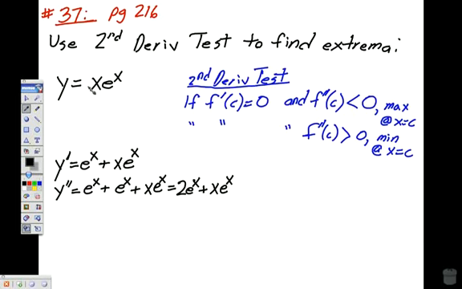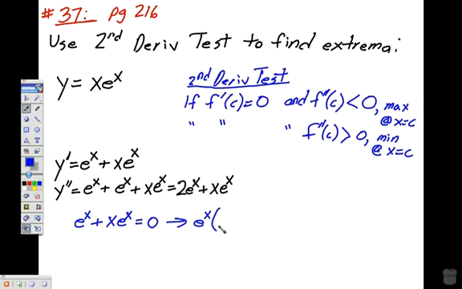Okay, so let's see. We want the first derivative to equal 0 for the second derivative test. So we're going to take the first derivative and set it equal to 0. e to the x plus x times e to the x equals 0. Now let's factor out the common term.